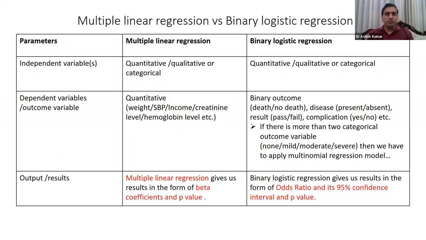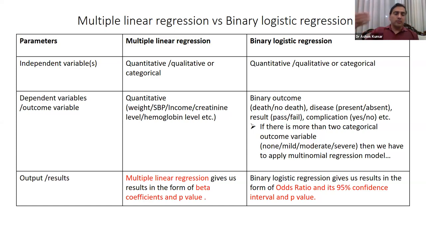Last day, we have discussed about simple linear regression and multiple linear regression. And in multiple linear regression, there is only one quantitative dependent variable. I have given demo on dependent quantitative variable, that is HB at baseline.